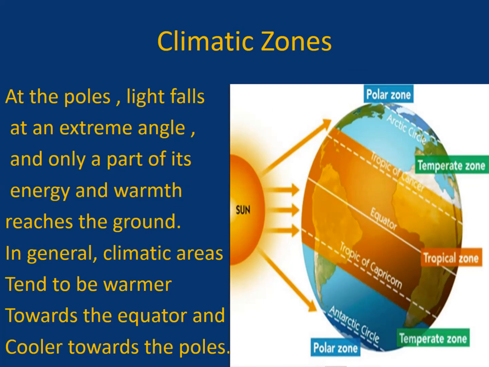And see, the poles are not getting much heat and light, so that's how the polar zones are the coldest areas. At the pole, light falls at an extreme angle and only a part of its energy and warmth reaches the ground. In general, climatic areas tend to be warmer towards the equator and cooler towards the poles.